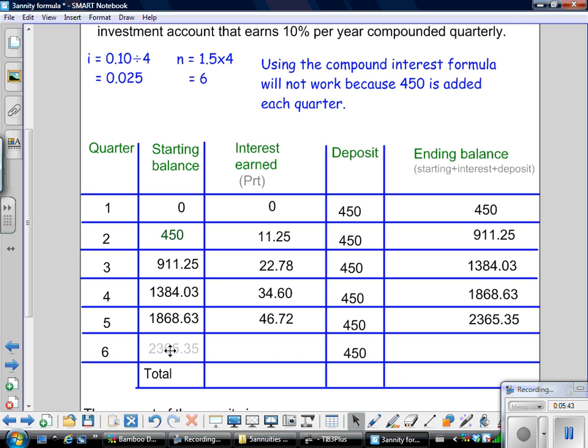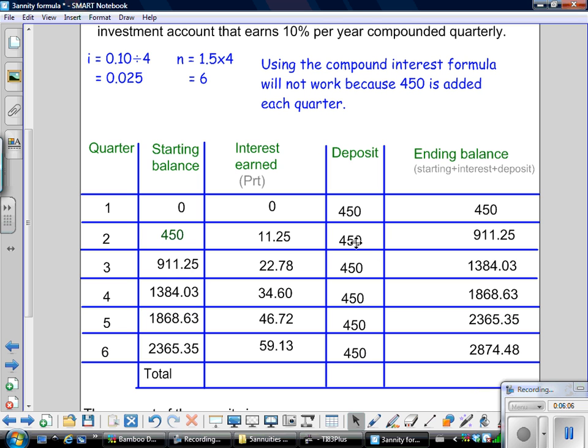That new amount is invested and I get interest off of it. Finally, I add another 450 and end up with my final investment. So what's happened here is this first 450 made 1125.